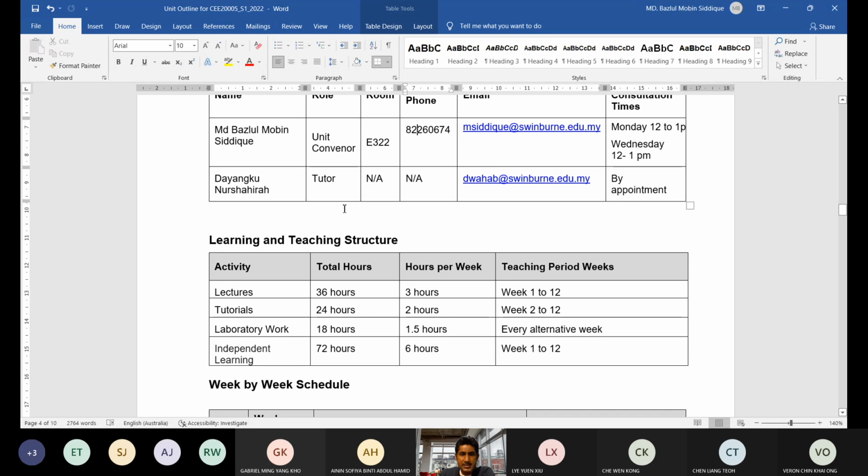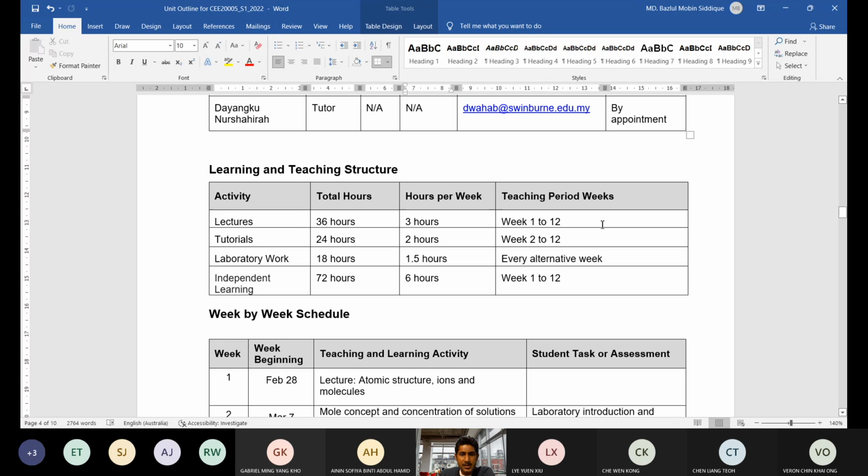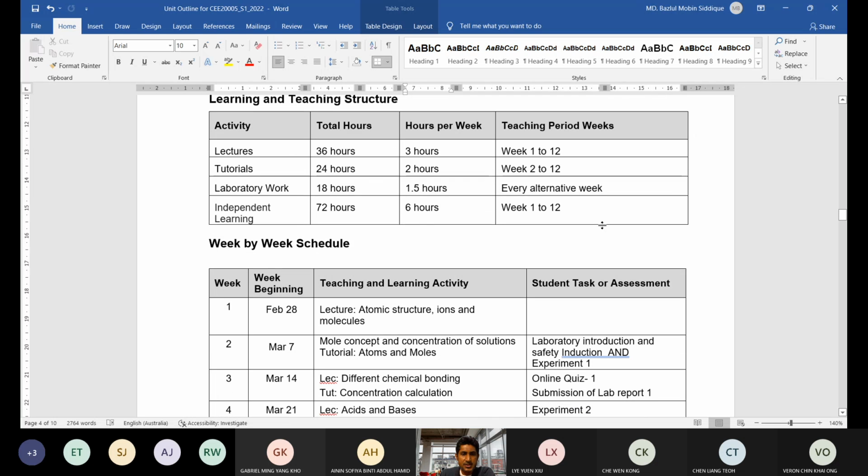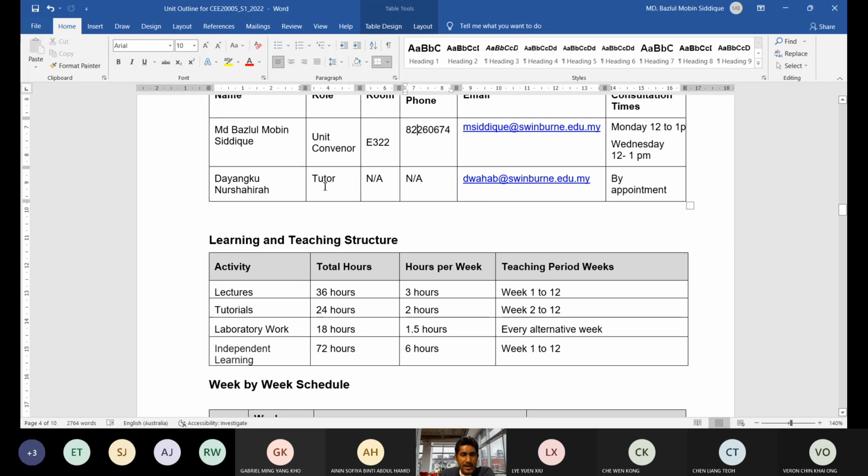If you have any question, you can ask her or wait for me to come back and ask me. That will be no problem. She will be taking care of the lab as well, and the lab report you have to submit before the next lab starts.